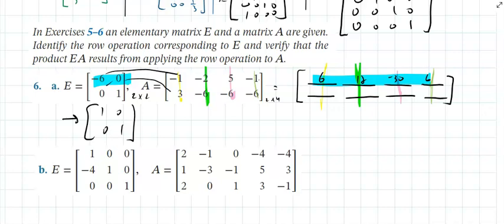For the bottom row, you notice that when you multiply those, 0 times the first is always going to be a 0, and you just add the bottom, you end up at the bottom. So 0 plus 3, 0 minus 6, 0 minus 6, and 0 minus 6. And do you see that? All we did was take row 1, multiply it by a negative 6, and put it back in row 1.